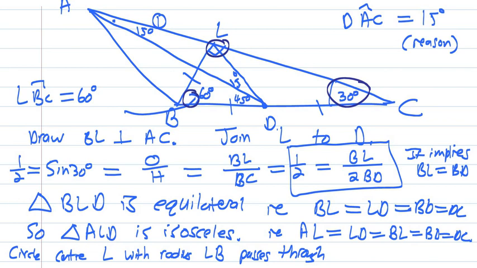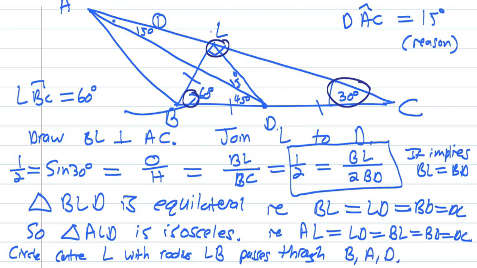Who can tell me? So if you take a ruler and compass, L is the center of the circle and the radius is LB, it passes through which points guaranteed? Any takers? Yes, it passes through B, A, and D.